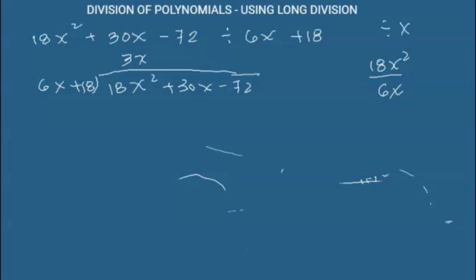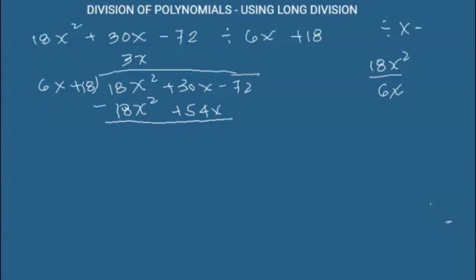3x times 6x is 18x squared. And 3x times 18 is positive 54x. Then after we multiply, subtract.